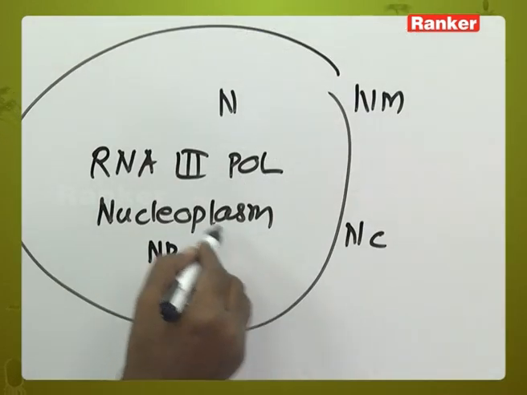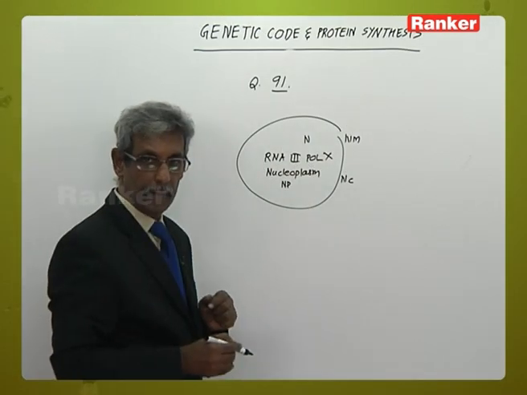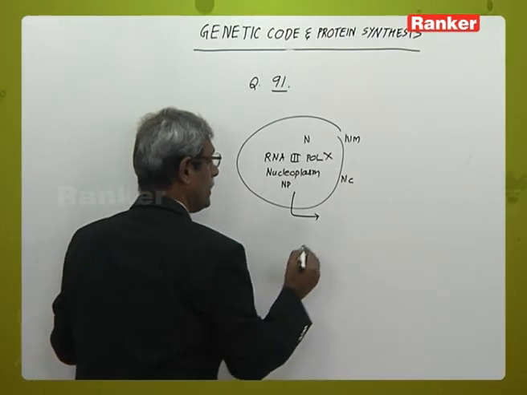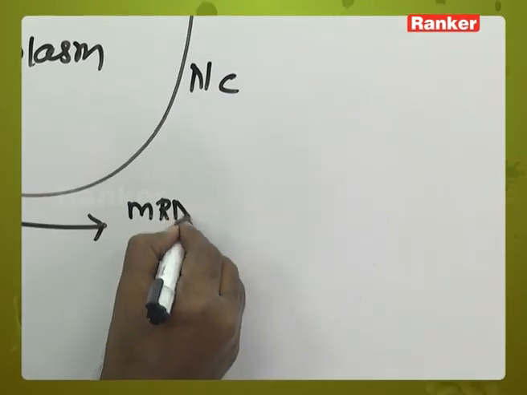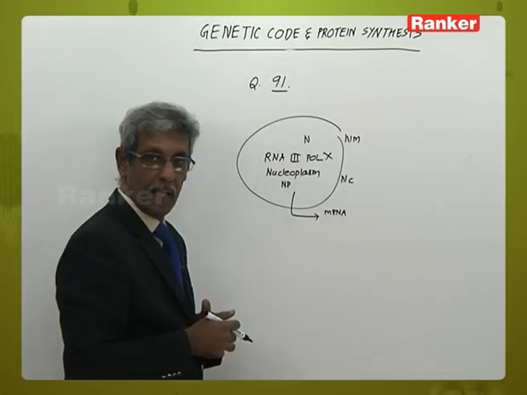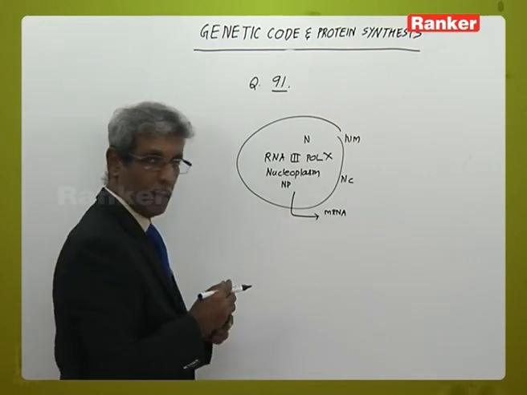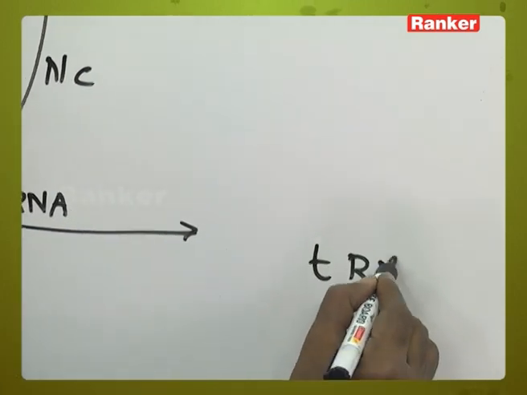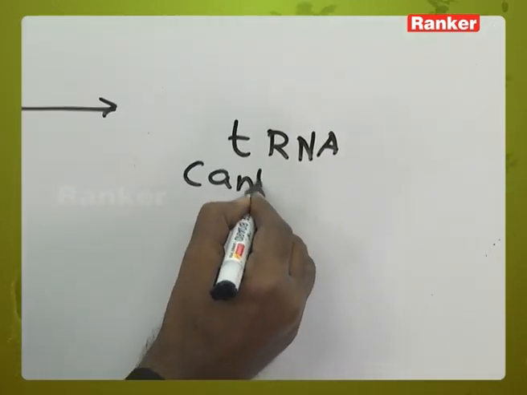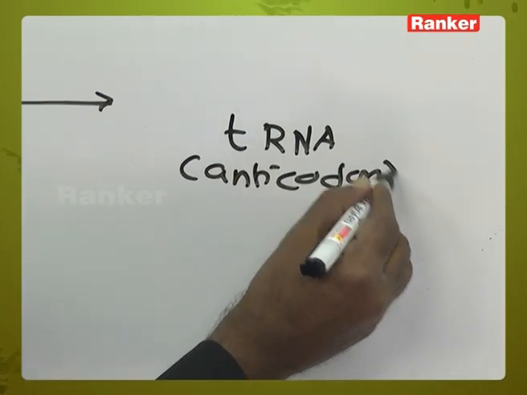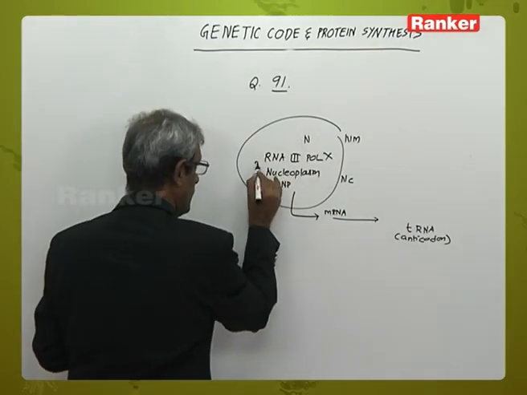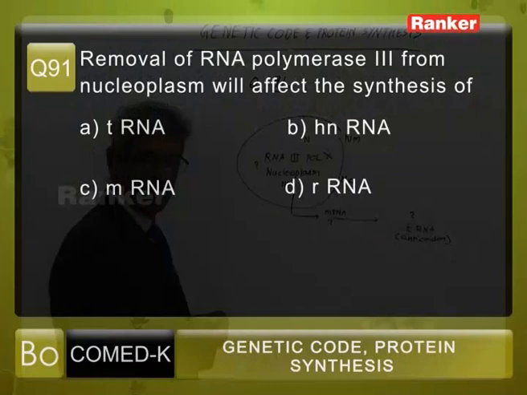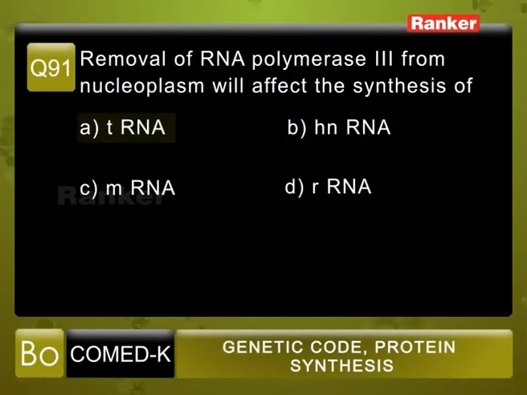If RNA polymerase is removed, then the mRNA transcription can go wrong, and when the mRNA transcription goes wrong, it affects the synthesis of the tRNA. The tRNA has an anticodon. So, if the RNA polymerase is removed, it can affect the mRNA. This in turn can affect the tRNA. Hence, the answer is A.